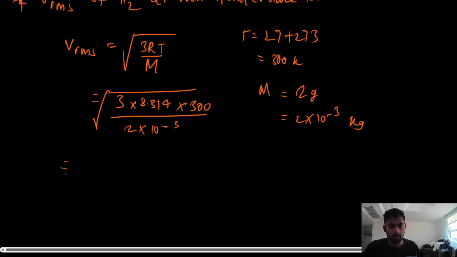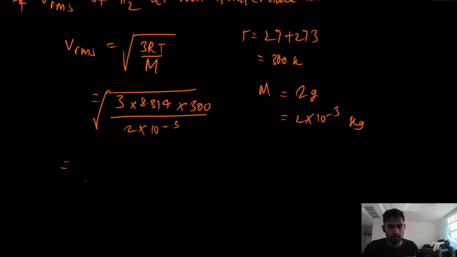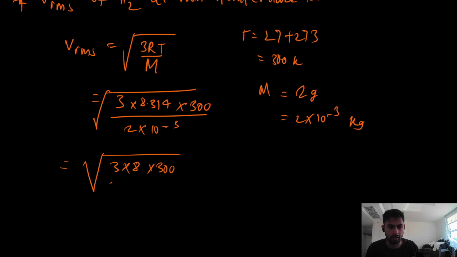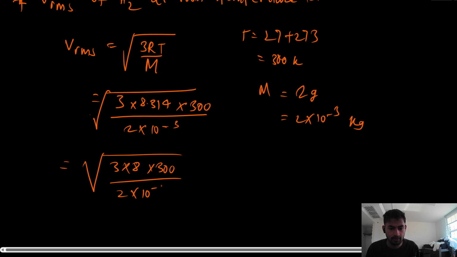Now, if we compute this problem, I'm just going to approximate the entire thing so that it's easier for me to compute. So I'll just take it as 8 times 3, which would be 24, divided by 2 times 10 to the power minus 3.